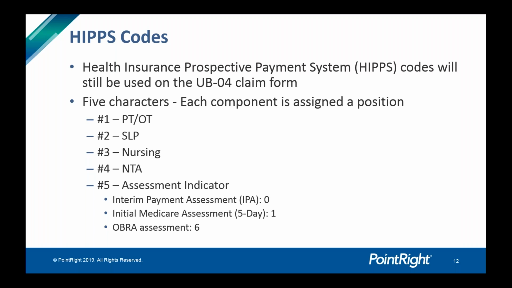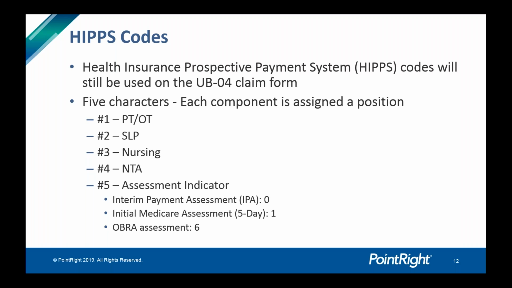The RUG piece was always very easy to remember. In the HIPS code under PDPM, that's going to be a lot more complicated because each of the payment components feeds into one of the first 4 characters, and then the 5th character is the assessment indicator, which has been boiled down to only 3 options.